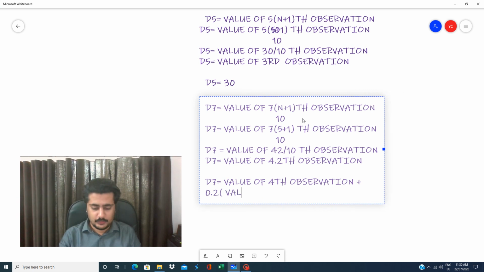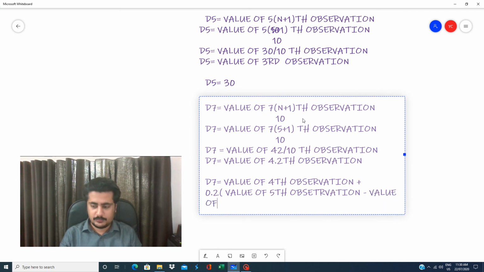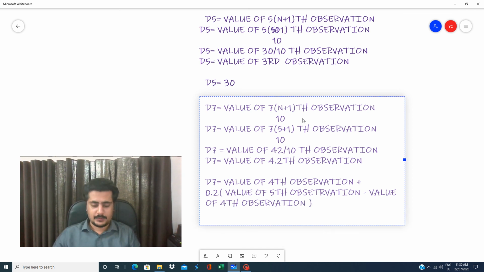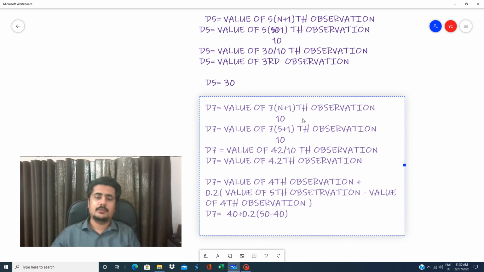So it is value of 5th observation minus value of 4th observation. So D7 is equal to value of 4th observation, which is 40, plus 0.2 into value of 5th observation, which is 50, minus 40.